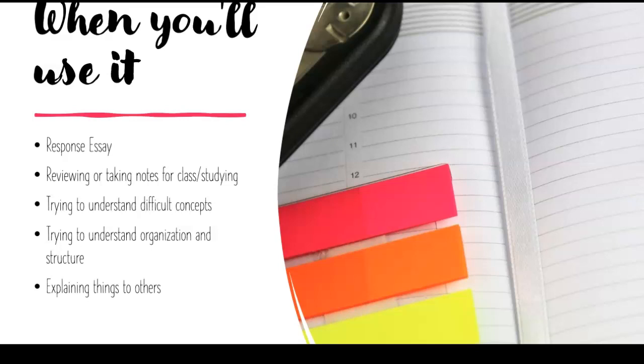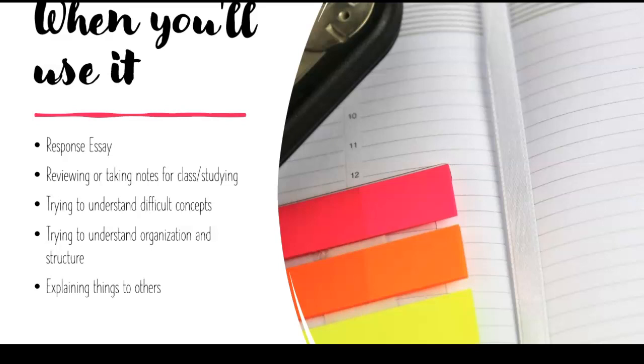How you're also going to use it probably outside of class is when you're reviewing or taking your notes or when you're studying for a test, you want to be able to summarize a fact or an idea or an event, maybe for history class or philosophy class or even math class. By trying to summarize something, it lets you know whether you understand the concept or not.